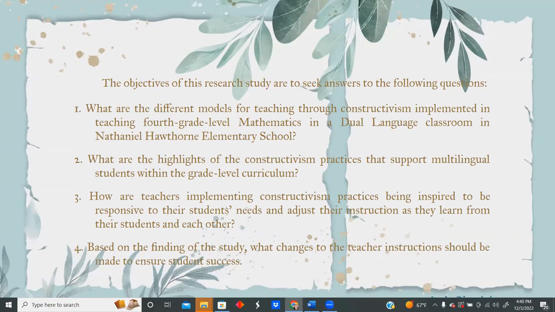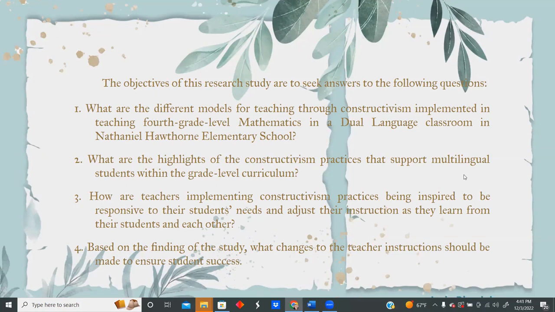Okay, so if it is not a model, we will change question number one, right, ma'am? Okay, we will change it. You're going to think of what would be the best question number one. For number two, what are the highlights of the constructivism practice that support students within the grade level curriculum?